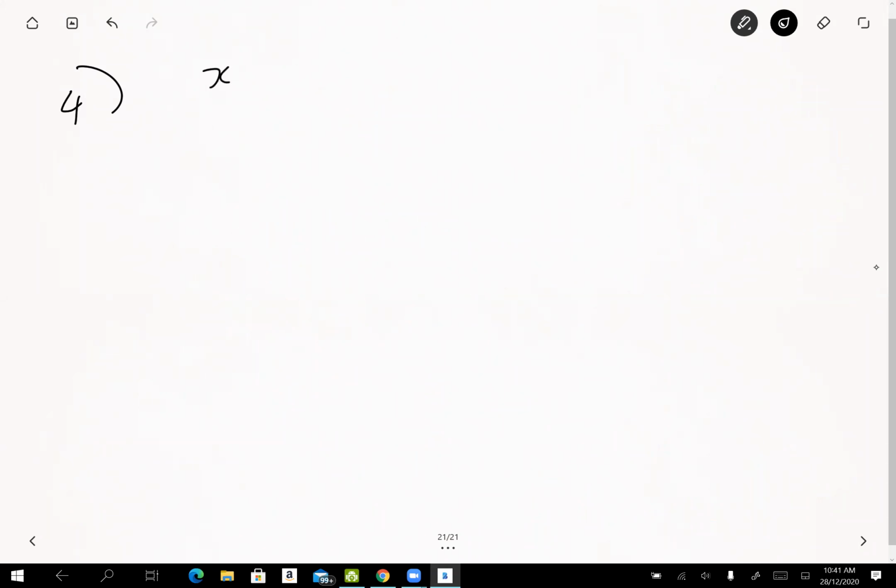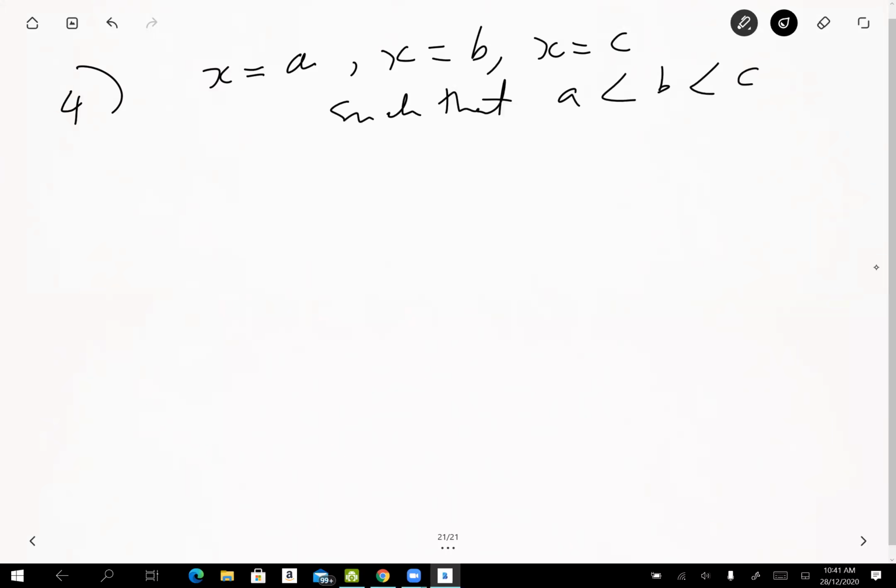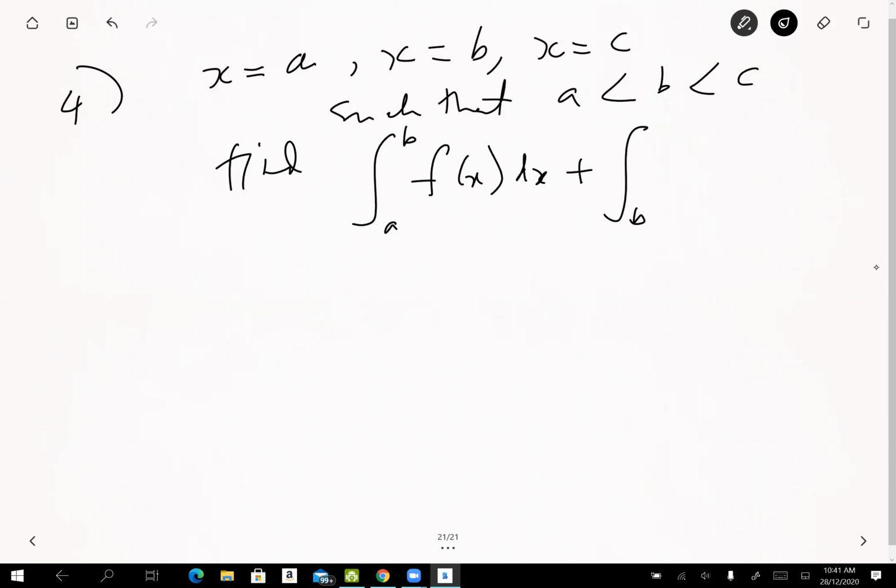If you have x equal to A, and then x equal to B, and then x equal to C, such that A is bigger than B, bigger than C, and you want to find the area from A to B of f of x dx plus the area from B to C of f of x dx.